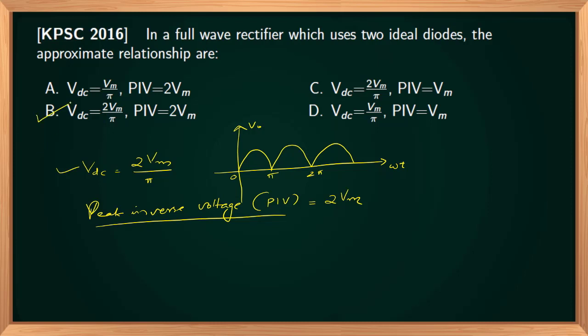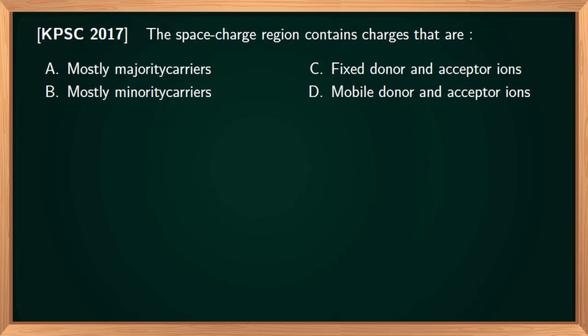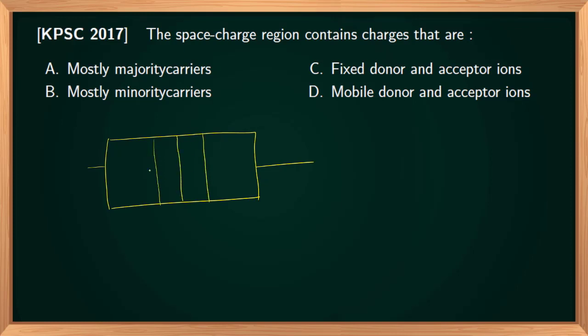Next question. The space charge region contains charges that are: option A, mostly majority carriers; option B, mostly minority carriers; option C, fixed donor and acceptor ions; option D, mobile donor and acceptor ions. In the case of a diode or any semiconductor device, a PN junction is formed between the P and N regions. In a PN junction diode, this is the P region and this is the N region.